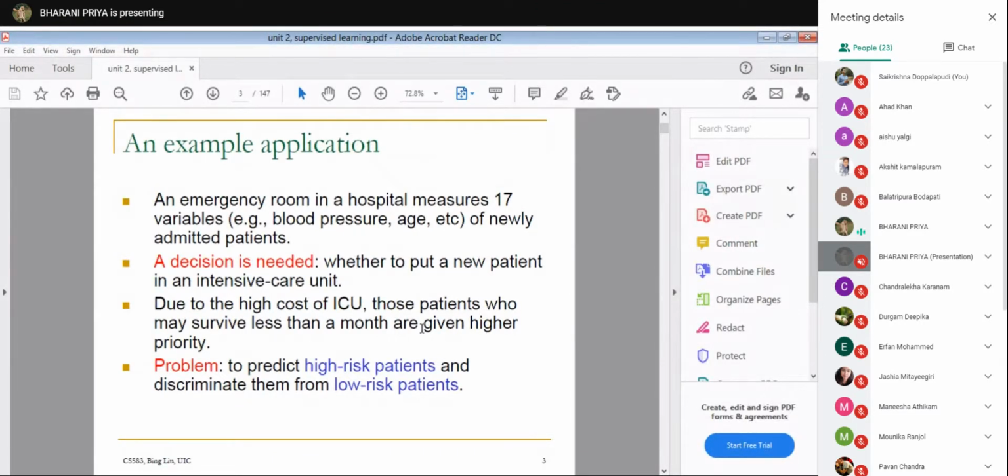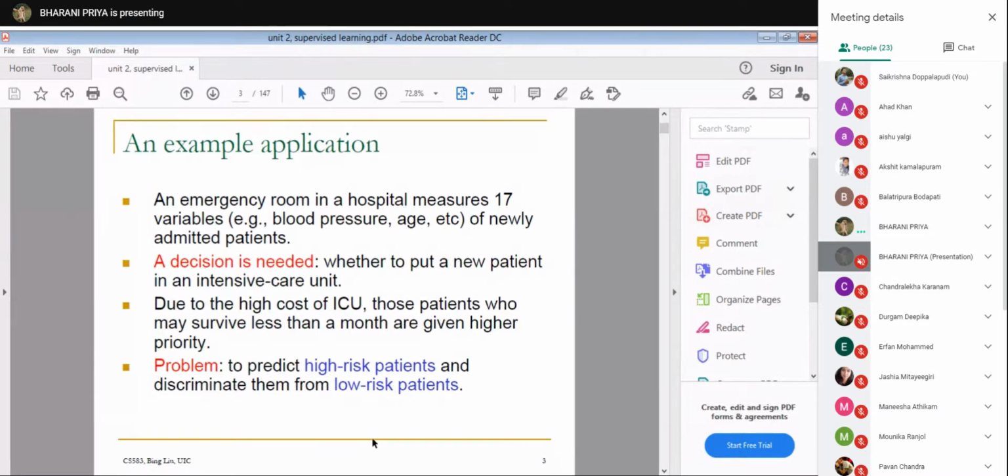That critical or not is a class label, and based on it you classify a particular patient, whether the patient has to be kept in ICU or not. This is the need for classification. You classify the patient according to the class label, and the class label values are in turn decided based on your attribute values.